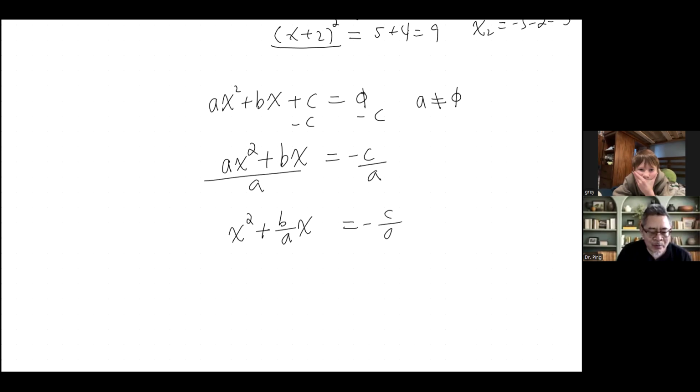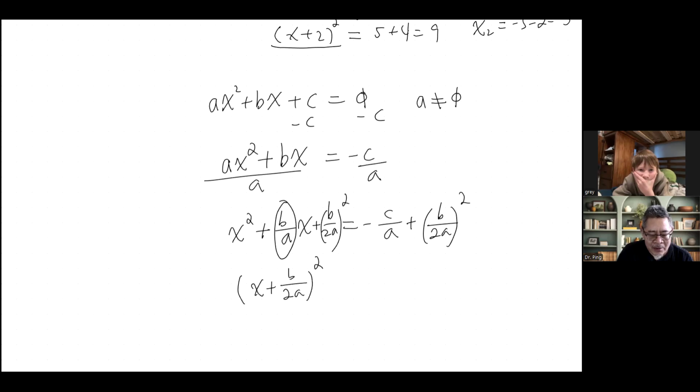Now we're going to complete the square. We add half of that, squared. Half of that is b over 2a, squared. So on this side we get x plus b over 2a, squared, like what we did earlier. Then on this side is minus c over a plus b squared over 4a squared.